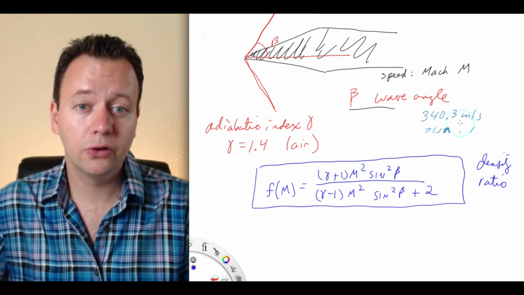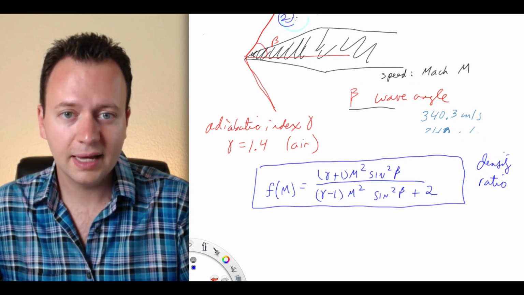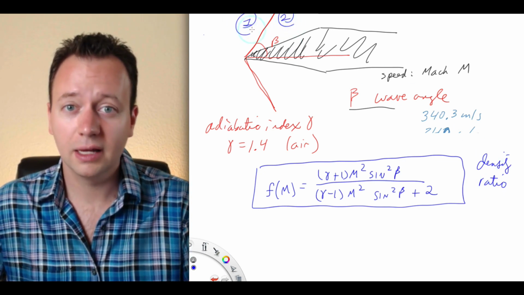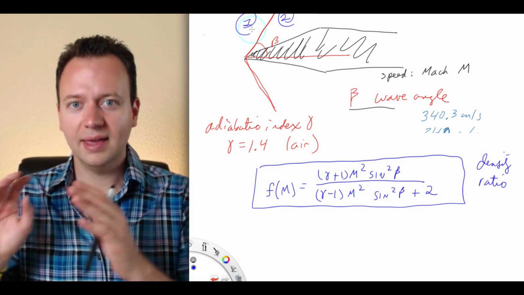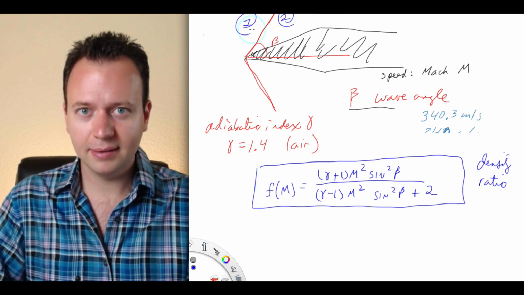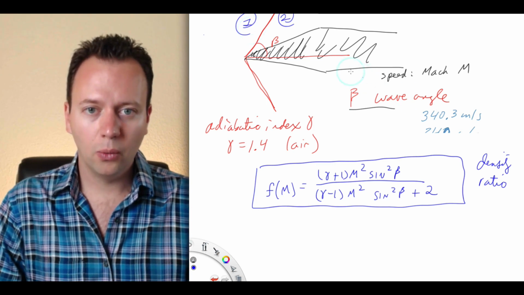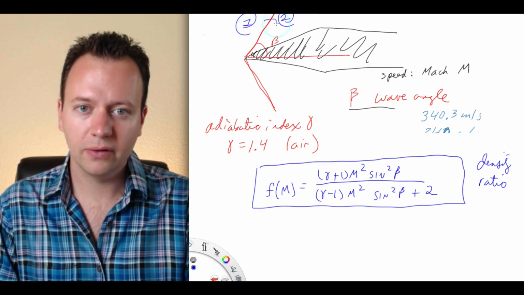It tells you the ratio of the density in region 2 divided by the density in region 1. So you multiply this ratio by the atmospheric ambient density to figure out what the density is on the other side of the shock wave.